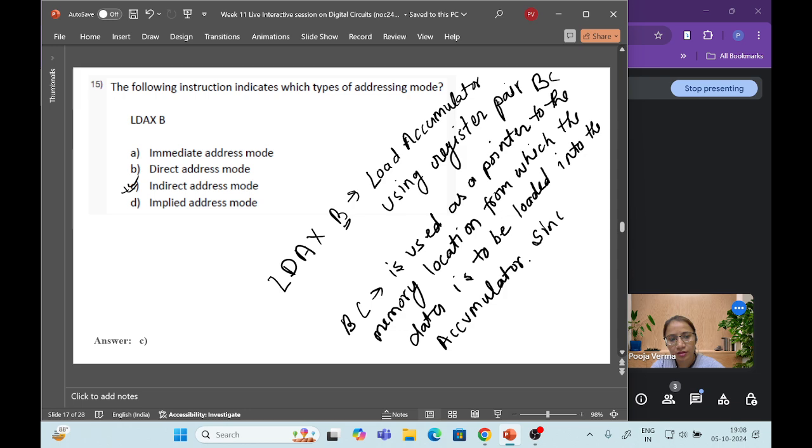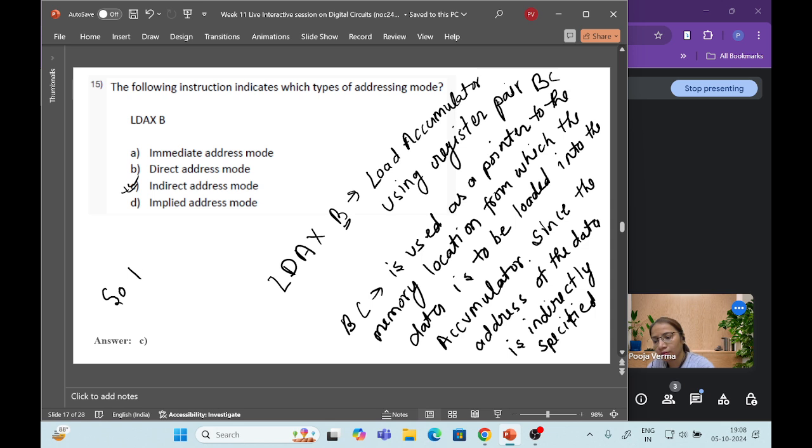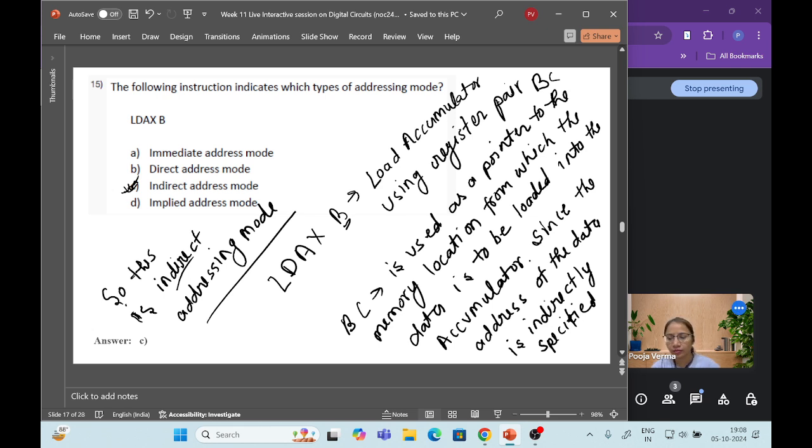Since the address of the data is indirectly specified, this is indirect addressing mode. Okay, so option C.